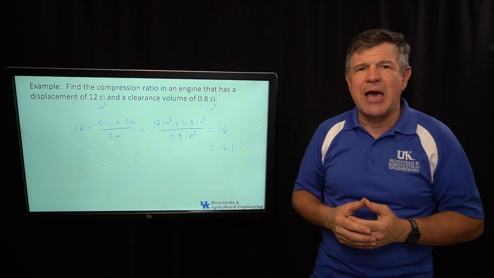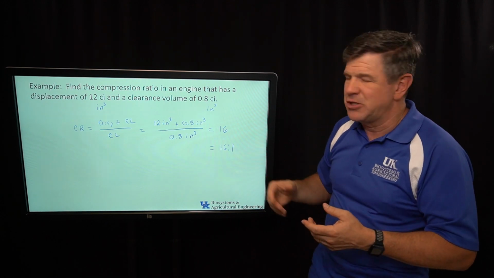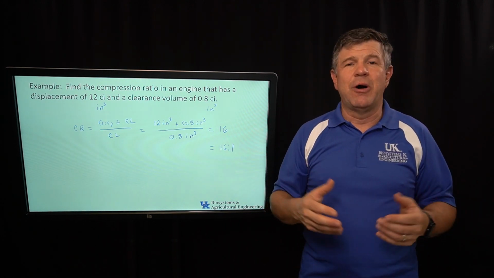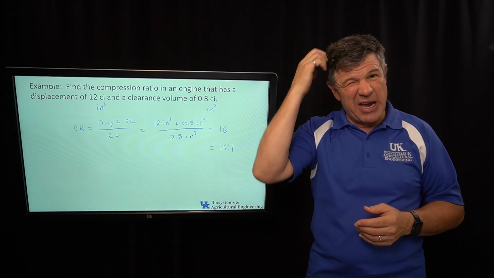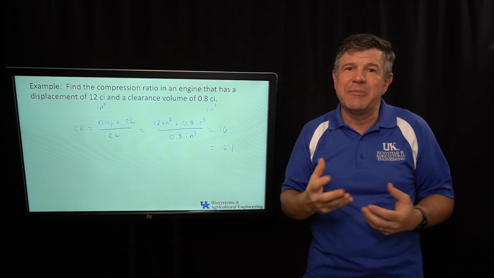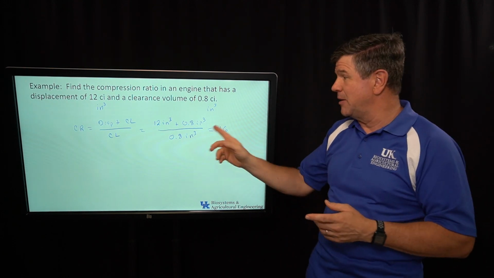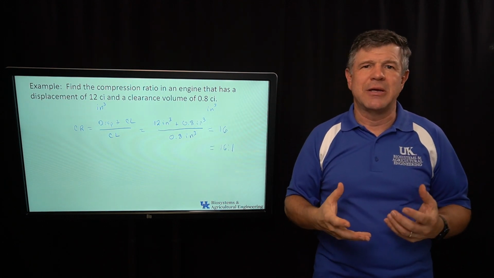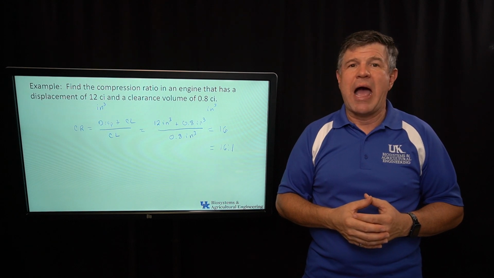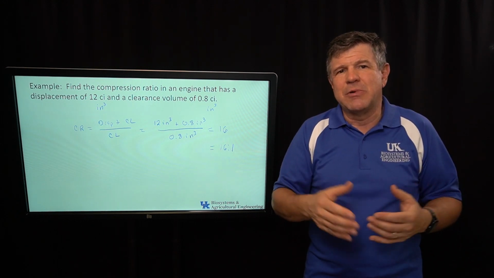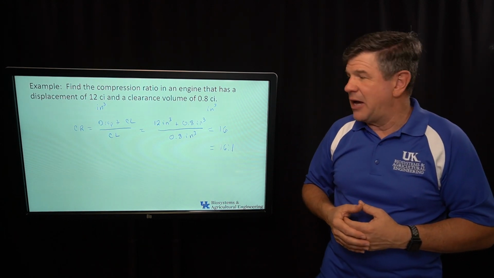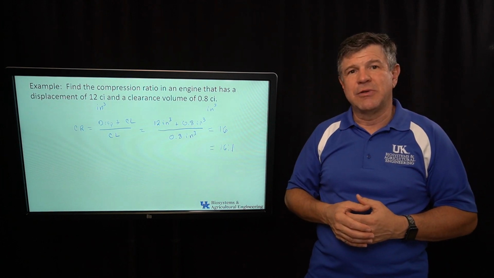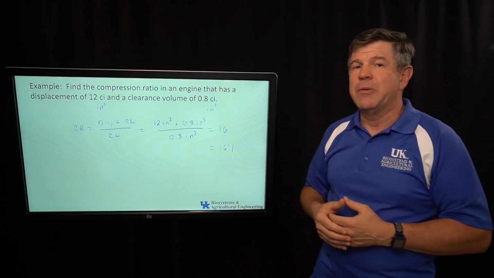Now if you're doing your math and you start finding compression ratios of 150 to 1 or something like that, you might want to step back and say, maybe I did something wrong mathematically. Let me check my math, make sure I don't have a decimal point in the wrong place, because that's kind of out of whack. So that's the typical numbers that we'd see, and that's how we calculate that. Relatively simple, relatively straightforward to get that compression ratio.